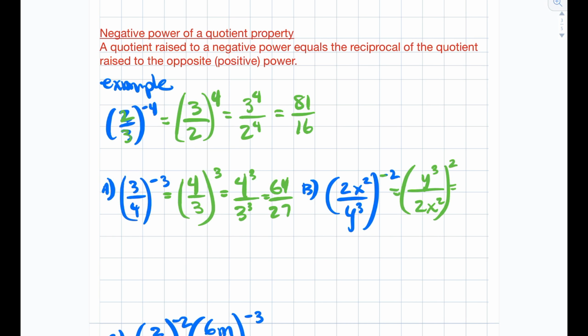So I take this 2, then multiply it to the 3 there. It'll be y to the 6th power divided by 2 to the 2nd, x to the 4th, which is equal to y to the 6th over 4x to the 4th.